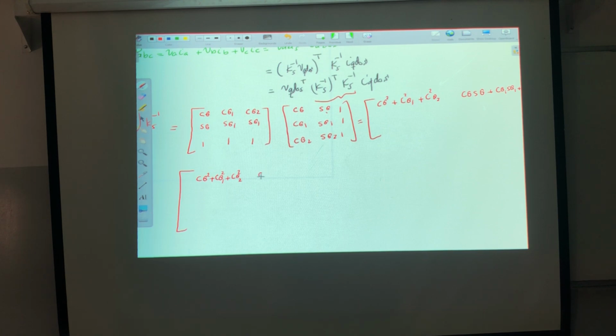The second term is cosine theta sine theta plus cosine theta 1 sine theta 1 plus cosine theta 2 sine theta 2. The last term, which is cosine, cosine, cosine, is cosine theta plus cosine theta 1 plus cosine theta 2. Correct?